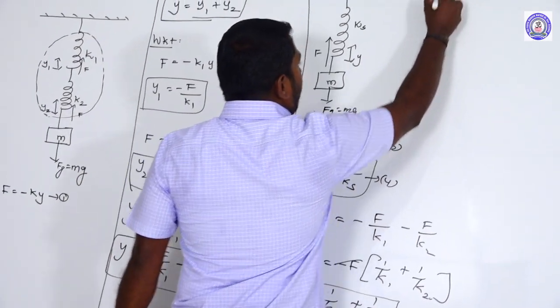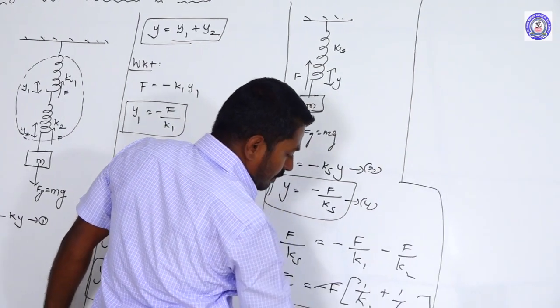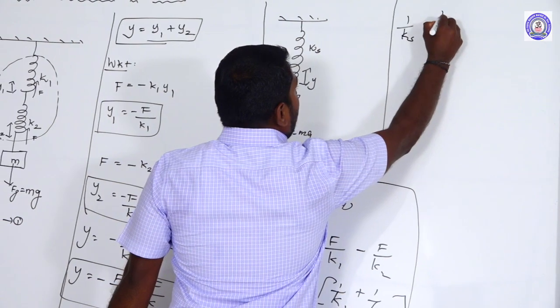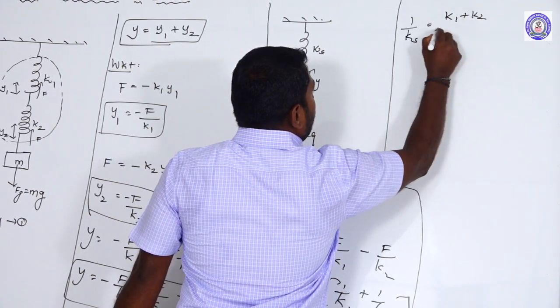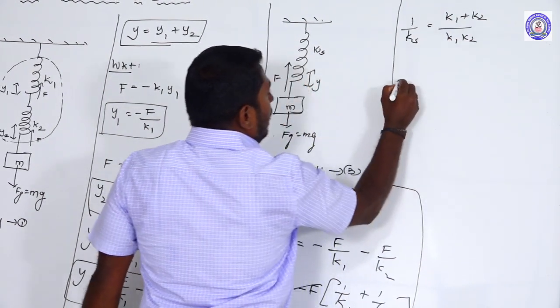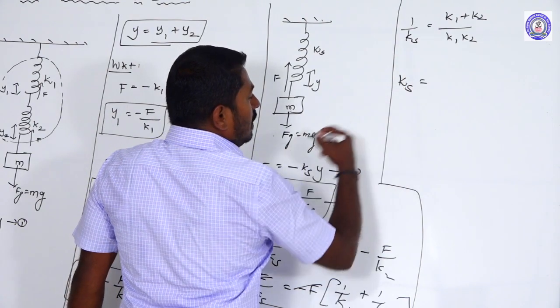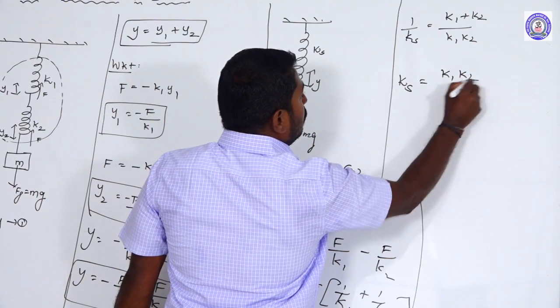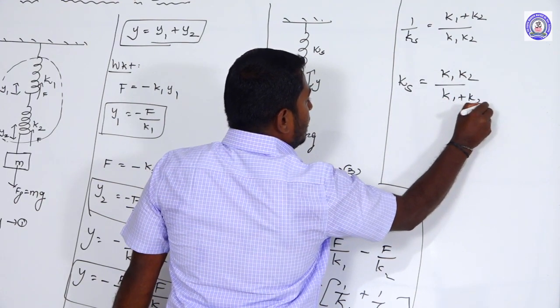It can be rewritten in another way: 1 divided by Ks is equal to K1 plus K2 divided by K1 K2. Then the effective spring constant connected in series, Ks, is equal to K1 K2 divided by K1 plus K2.